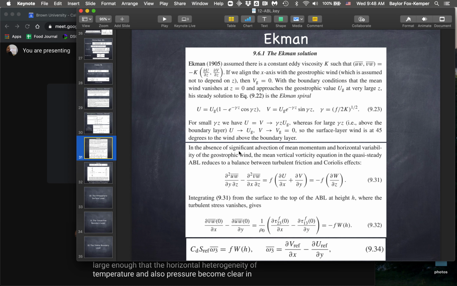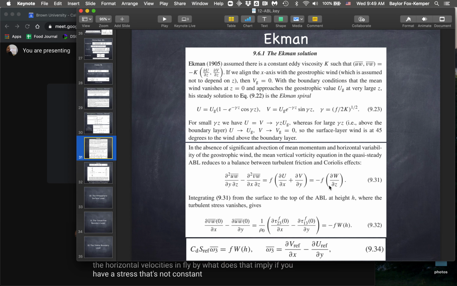The Ekman solution also comes out if we want. So here's the Ekman solution as Wyngaard writes it. He does a nice job, actually maybe a cleaner job than Vallis does, of the question that we addressed in the first couple of homework problems, which is what is the divergence of the horizontal velocities implied by, what does that imply if you have a stress that's not constant?